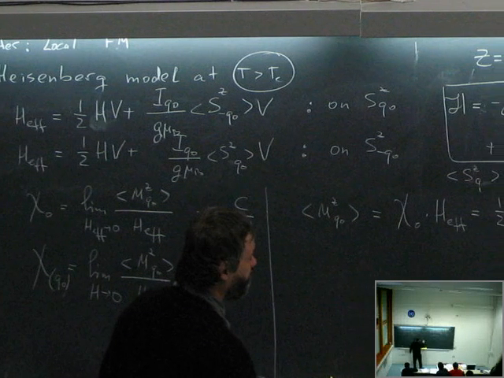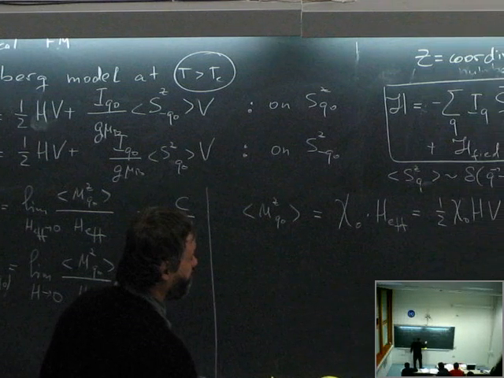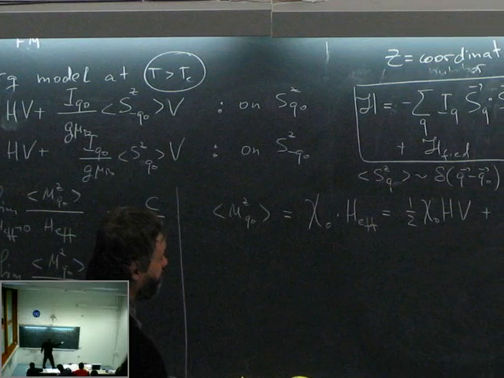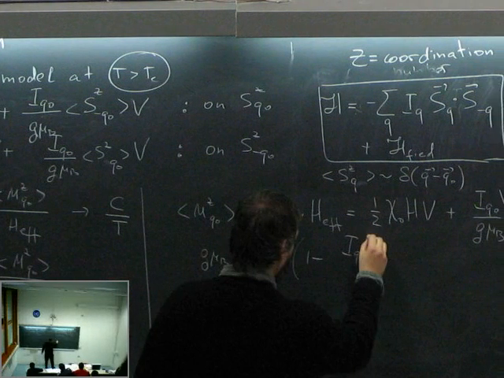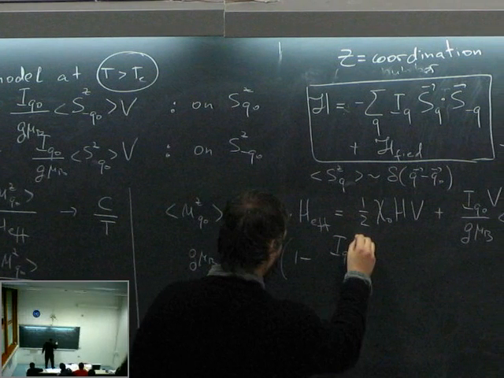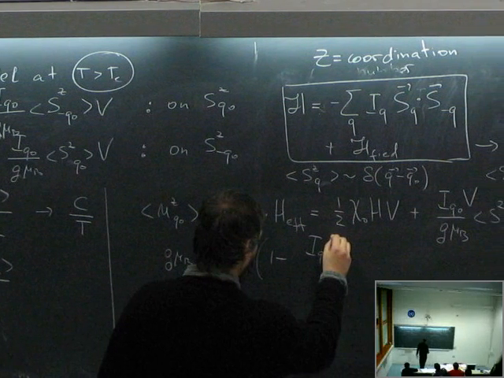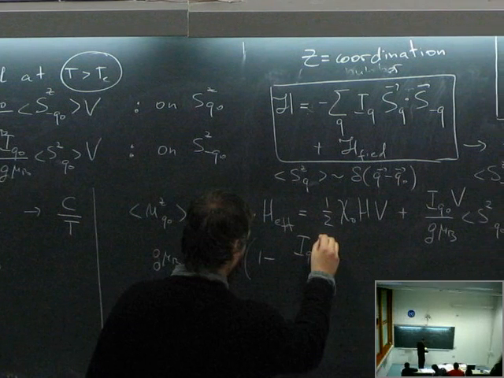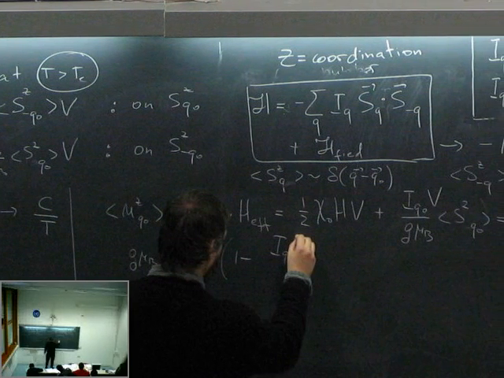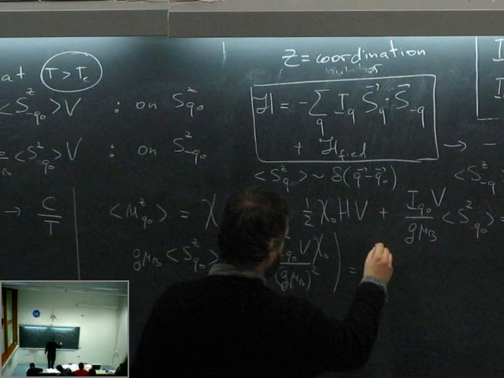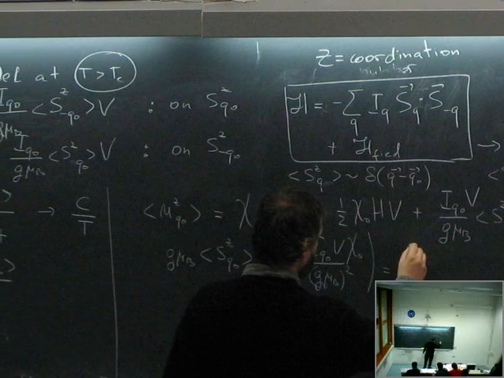So if I combine these equations and express g μ_B S^z_{Q0} from here, it is [1 minus I(Q0) V chi_0 divided by (g μ_B)^2] times g μ_B S^z_{Q0} equal to 1/2 chi_0 h.